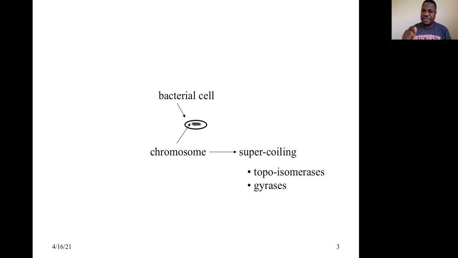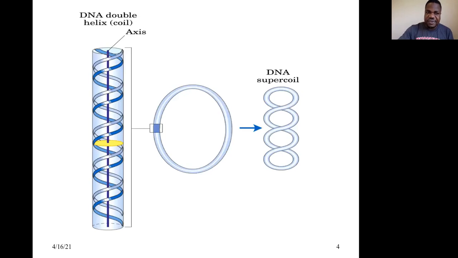They are able to act against the activity of these enzymes that cause supercoiling. As a result, the bacteria will then release the chromosome that is inside and explode. So we will see that.